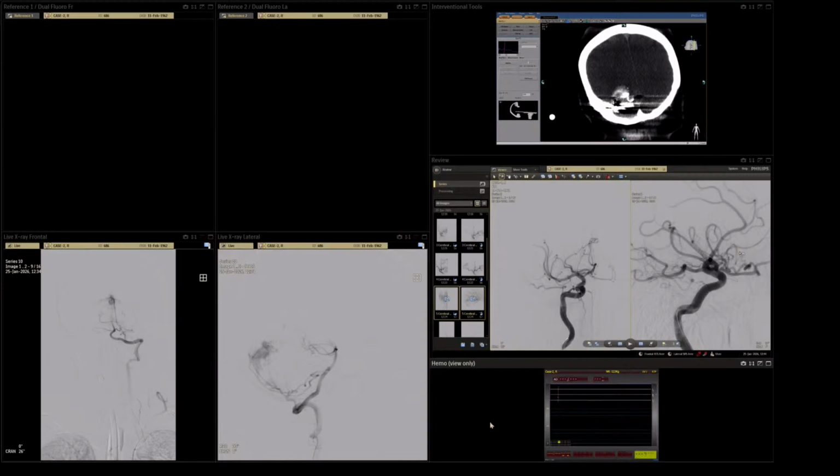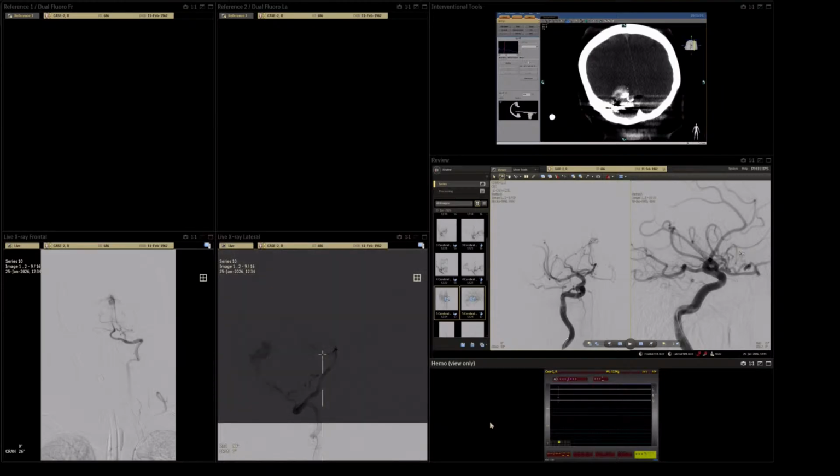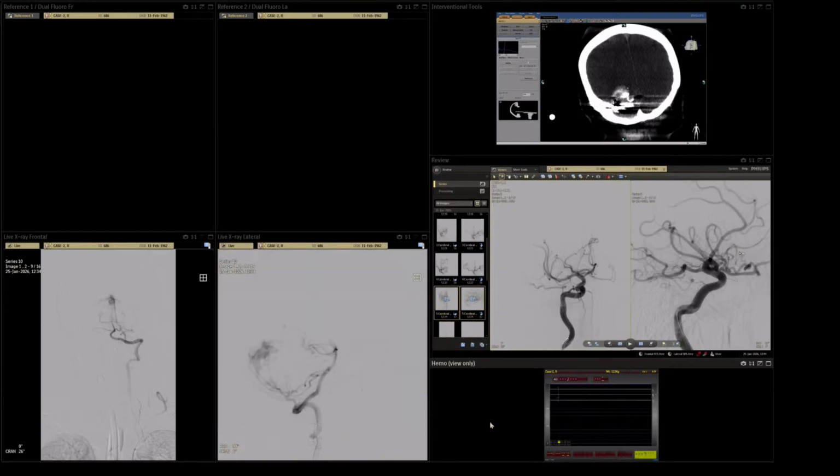There is a problem with blood pressure. It's more comfortable for the embolization, but it's not so comfortable for the puncturing. Finally, we are inside the artery.